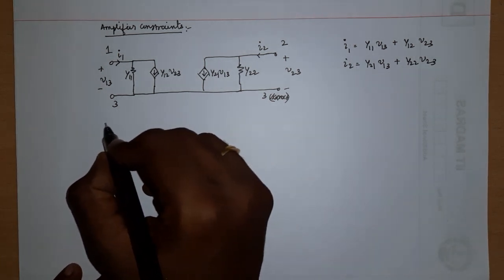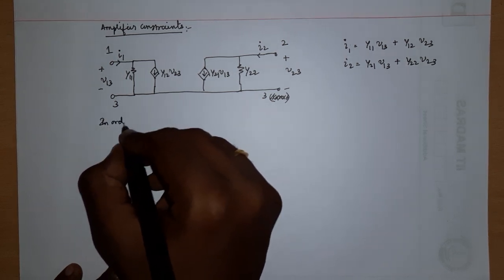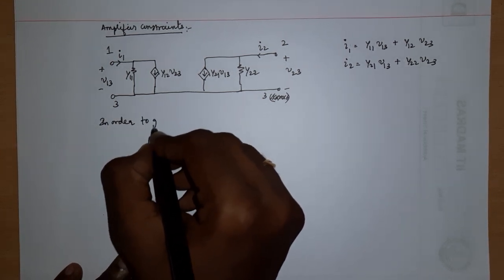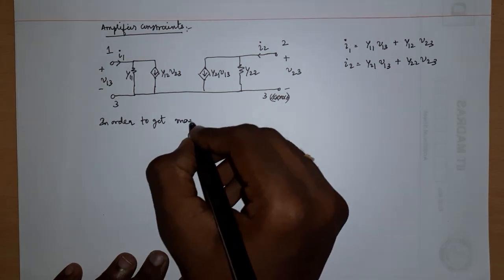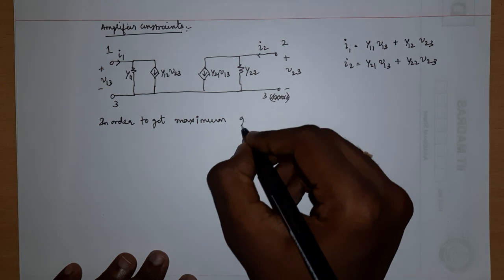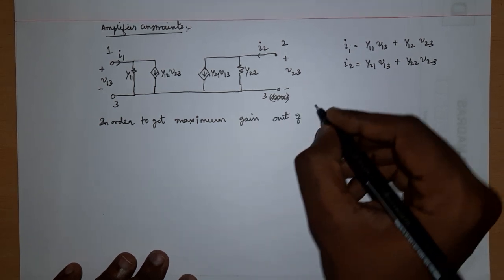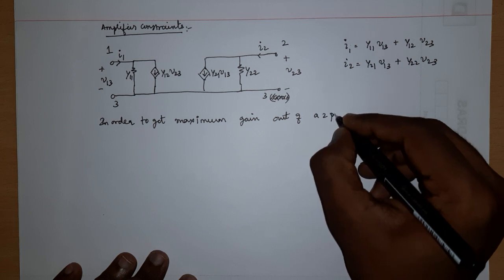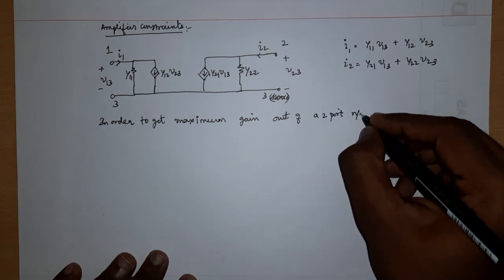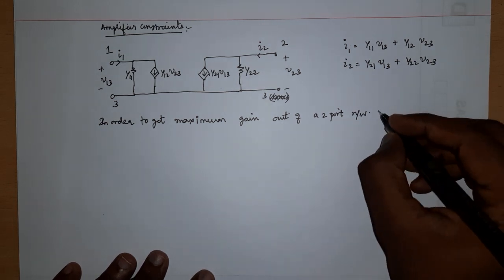So now let me put it in words. In order to get maximum gain out of a two-port network like this, a linearized two-port network, what should we do?